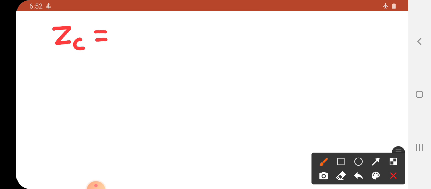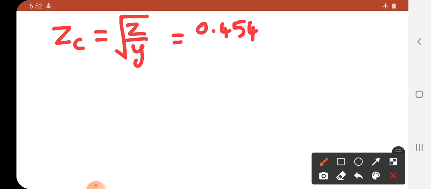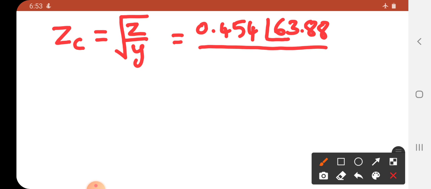Square root of Z by Y. Therefore this is 0.454 at an angle of 63.88 divided by, what is the value of Y? 3.14 into 10 power minus 6 at an angle of 90.